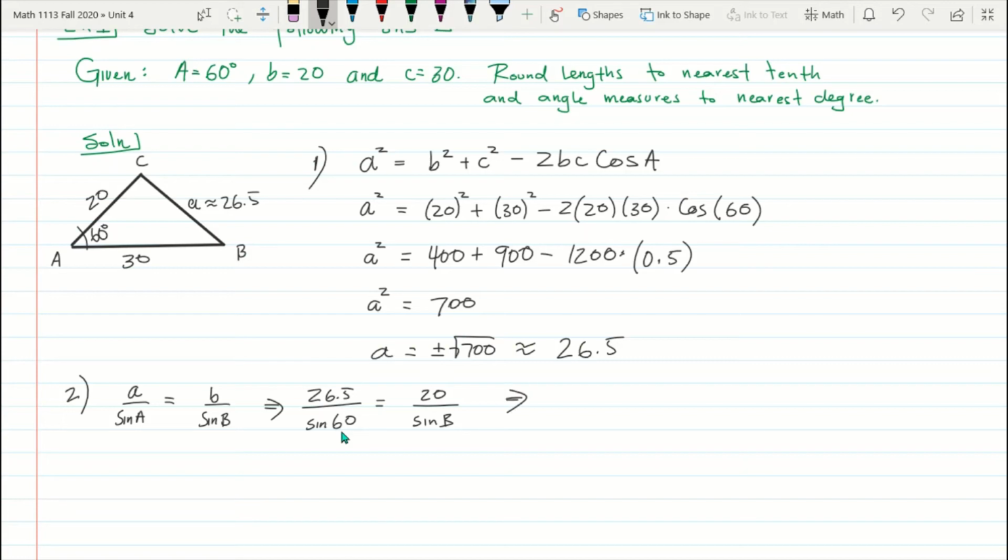Multiply both sides by sine of b, and so sine of b is equal to 20 times sine of 60 divided by 26.5, right?